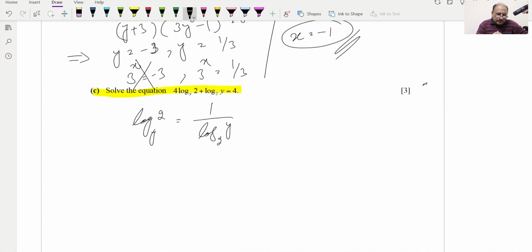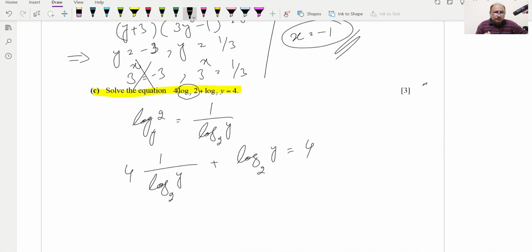Now we can replace this value, so we can rewrite it as 4 into 1 over log with base 2 of y plus log with base 2 of y is equal to 4.